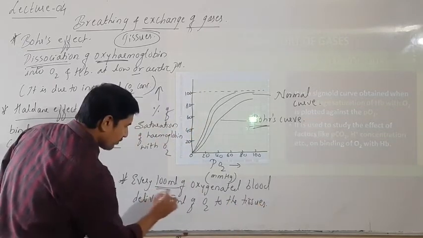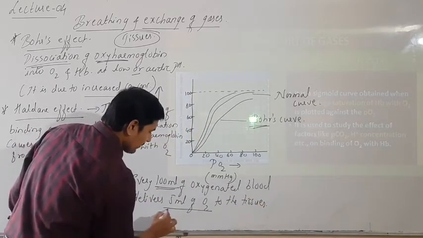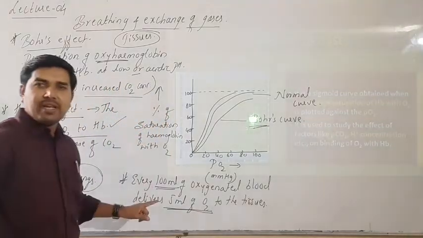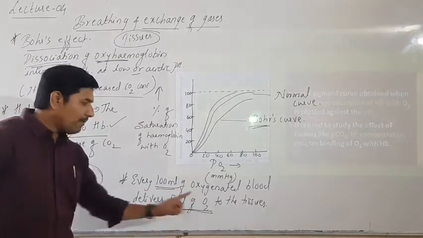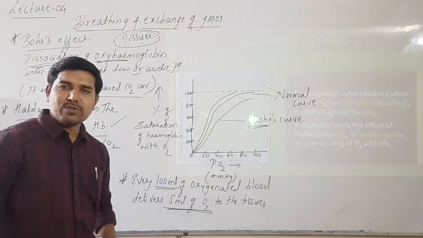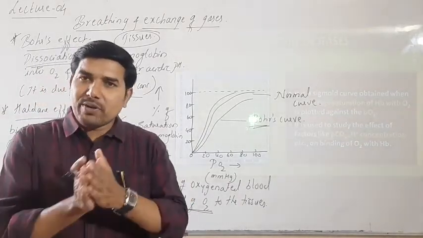This is most important. Every 100 ml of oxygenated blood carries 5 ml of oxygen to the tissues. And this point will be asked.